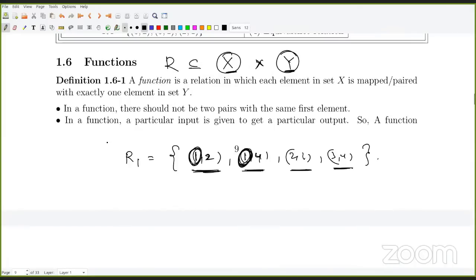One output means we have only one output. We don't have two outputs for the same x. Okay, different inputs can have the same output. But it should be only one, like the cardinality of the output should be one. So this is a function.